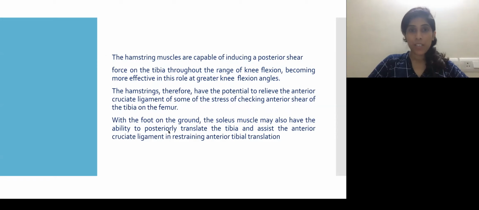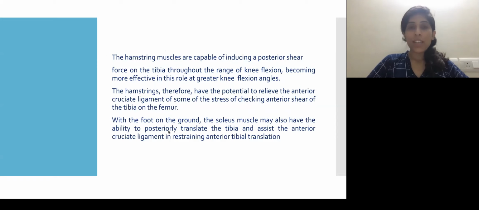Opposite to these two muscles, the hamstring muscle has the ability to take the tibia in the posterior direction. So it causes the posterior shear, and as a result, it helps the ACL-injured person.